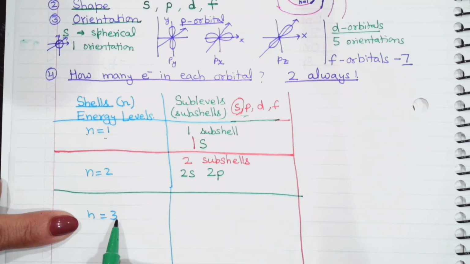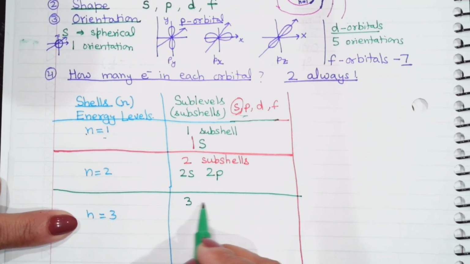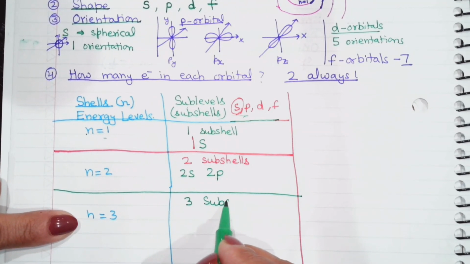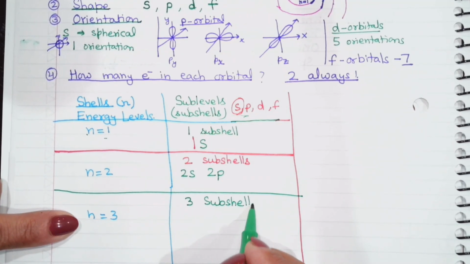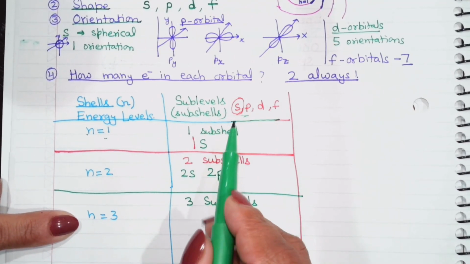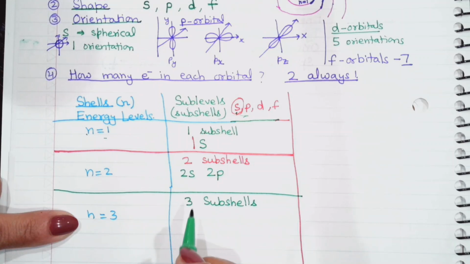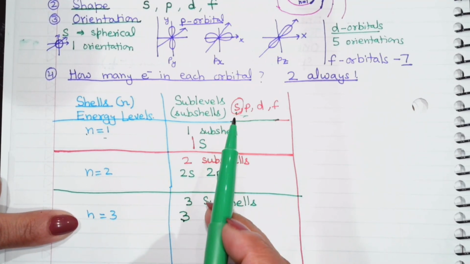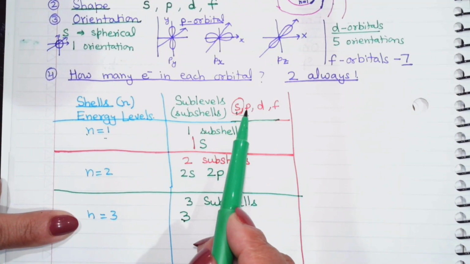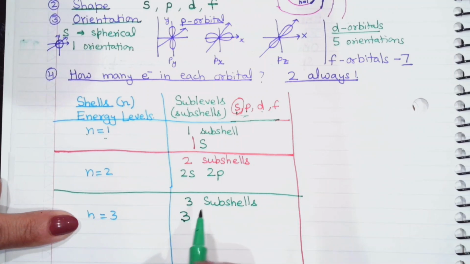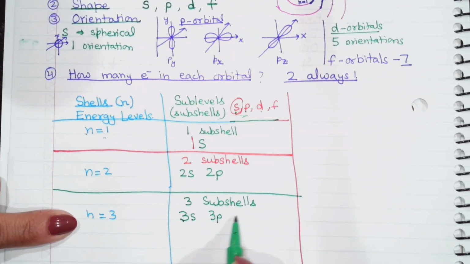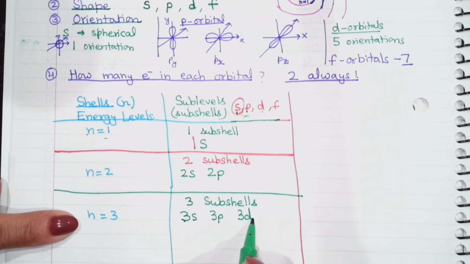N equals 3 will have 3 subshells. So again we start with S, right? So we always write the energy level number first, and then sublevels are either S, P, D, or F. So we will have 3S, 3P, and 3D, right?